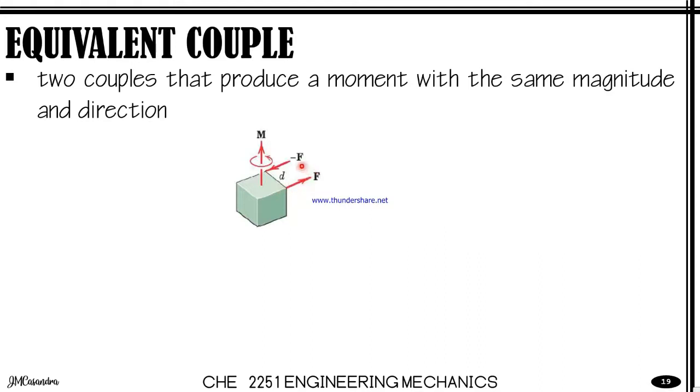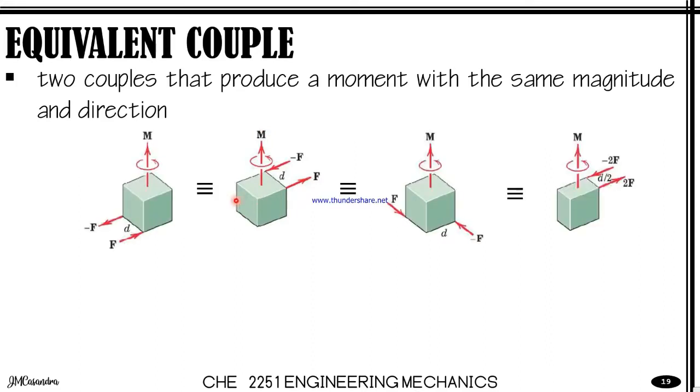we have forces that act on this side of a block. It will cause a counterclockwise rotation about the y-axis. It will also have the same rotation caused when we apply the forces perpendicularly at the bottom surface.